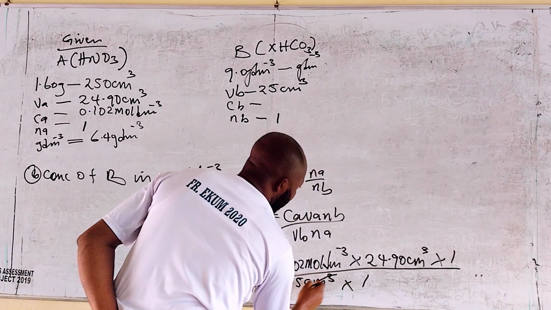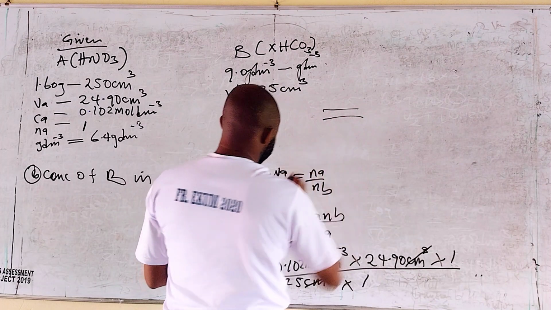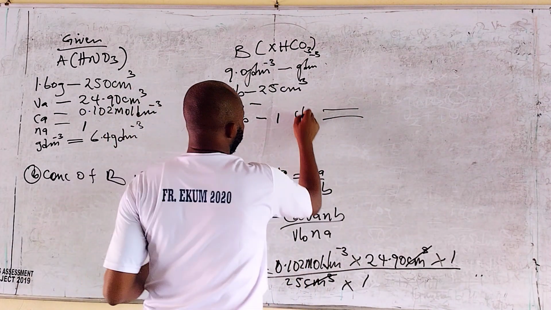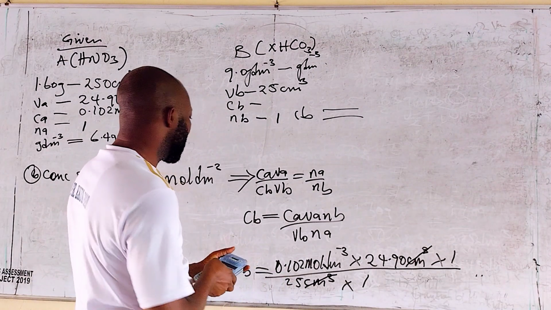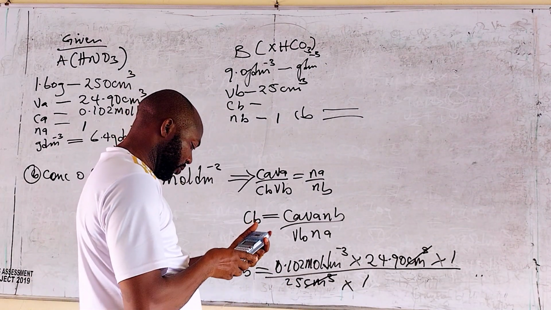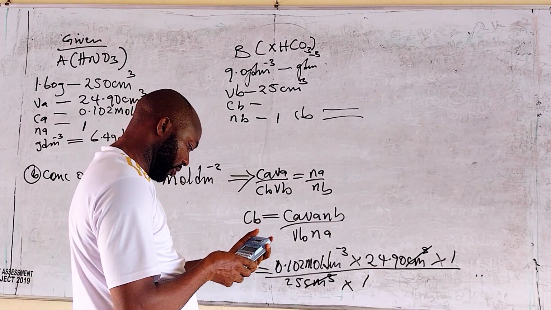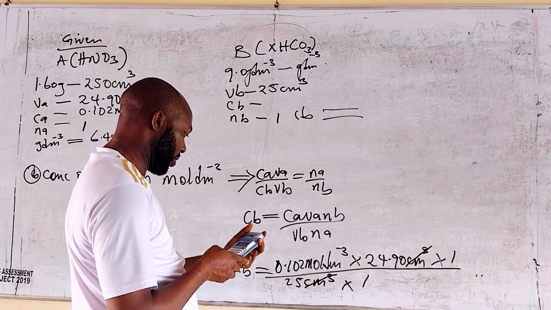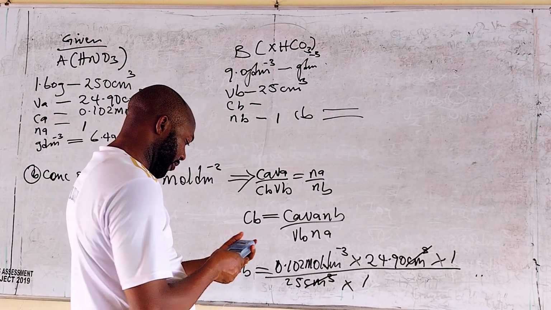So if I take all the cm cubes out, let me come back here. CB here will be 0.102 times 24.9 divided by 25.